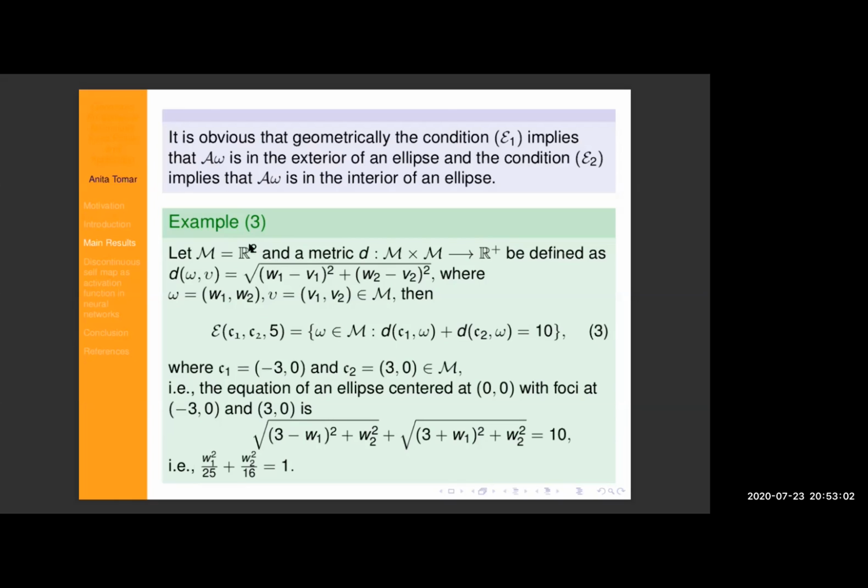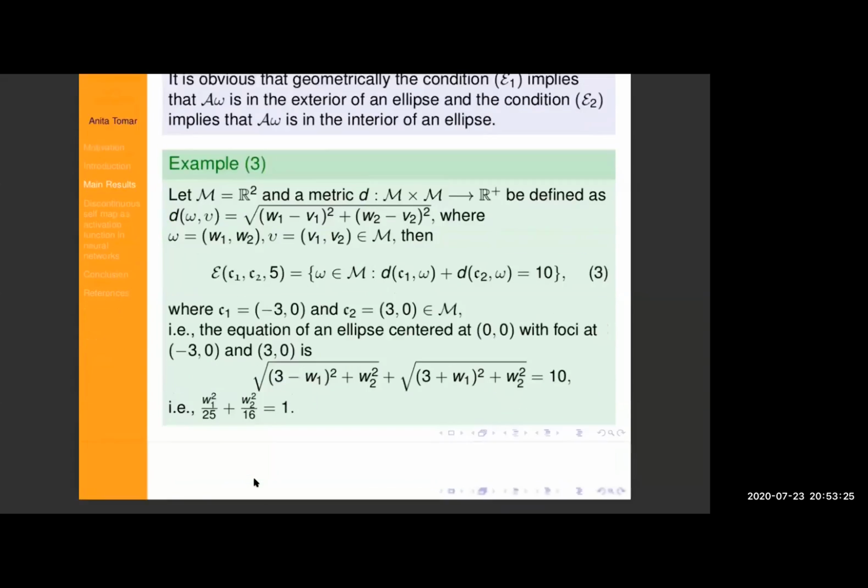If we consider a two-dimensional space, and define a metric as the square root of (W1 minus V1) whole square plus (W2 minus V2) whole square, then the ellipse having foci at (-3, 0) and (3, 0), and semi-major axis 5, is nothing but W1 square upon 25 plus W2 square upon 16 equal to 1.